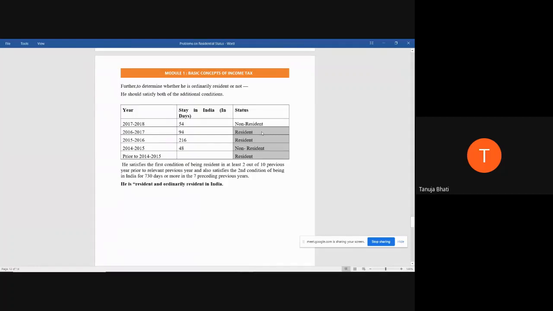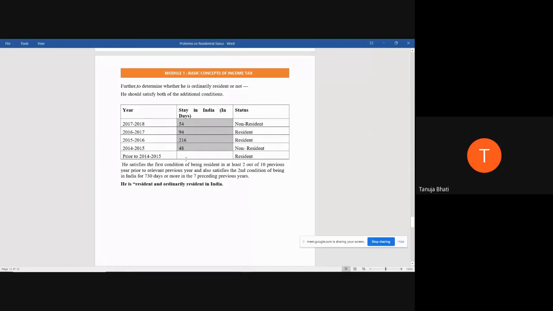Now we have to see whether he's satisfying the second additional condition. Second additional condition is his stay in the 7 years preceding the relevant previous year should be 730 days or more. Now, if you calculate 54 plus 94 plus 216 plus 48, it comes to 412. But prior to 1415, he's always been in India.